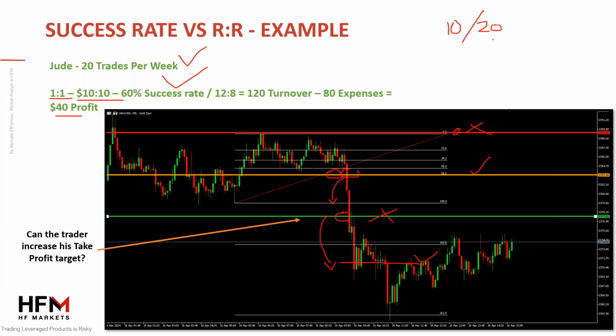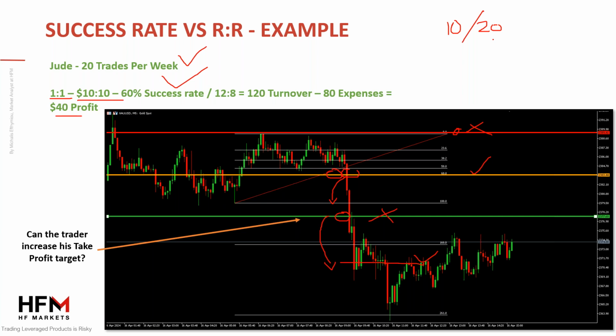But if he looks at it and he says, out of the 20 trades, out of the 12 trades that were in a profit, on 2 occasions I could have put the take profit further away, but on 10 occasions I couldn't. I would have actually not hit my take profit and then gone to a break even or loss. Then he knows he cannot take his take profit further away.